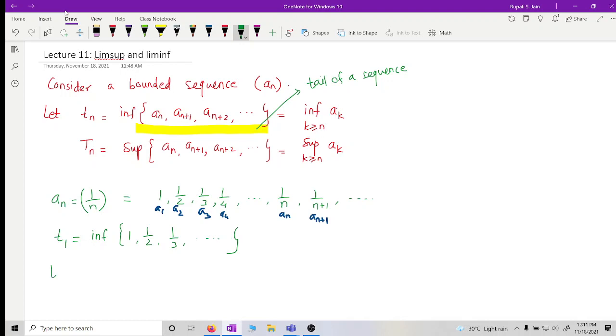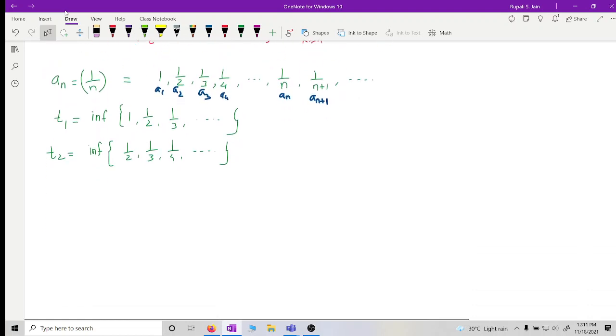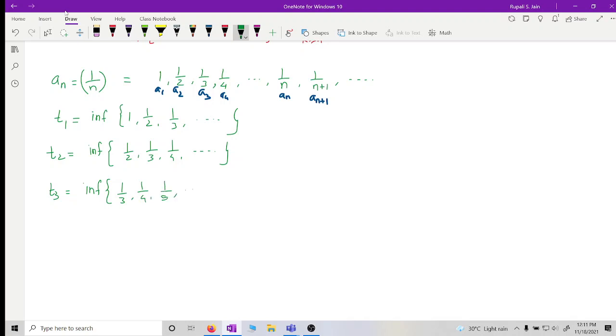What is small t_2? It is the infimum of 1 by 2, 1 by 3, 1 by 4 and so on. What is t_3? The infimum of 1 by 3, 1 by 4, 1 by 5 and so on.